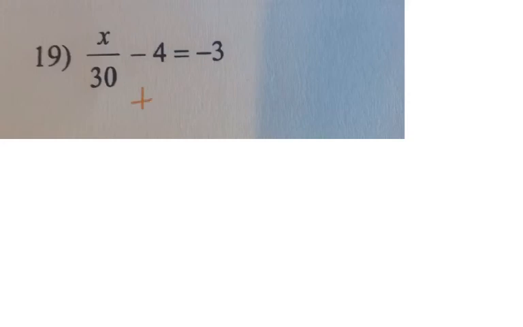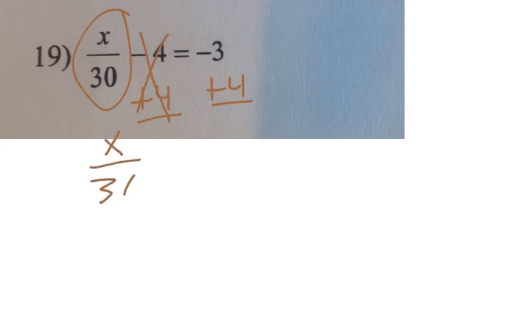So I'm going to add 4 to both sides of the equals, because a 4 and a minus 4 cancel out to 0. Notice what I have left is x over 30, and that equals this 4 minus 3, or 4 negative 3. Hopefully you agree that's 1.